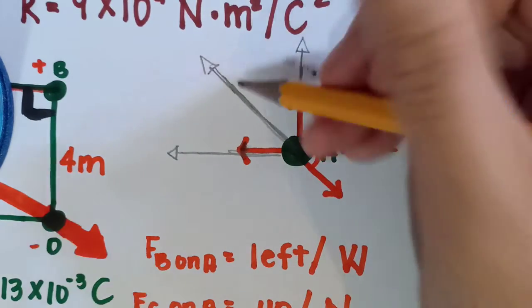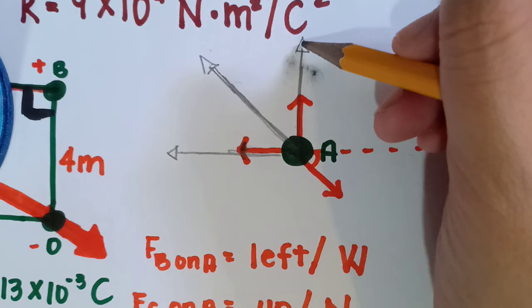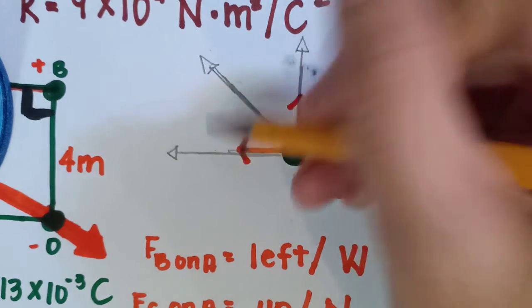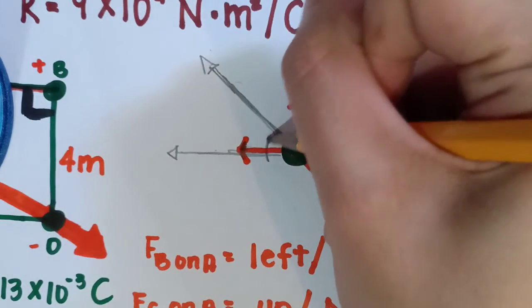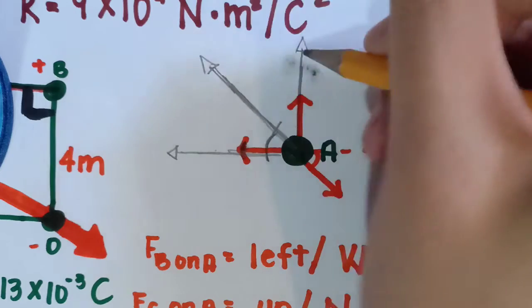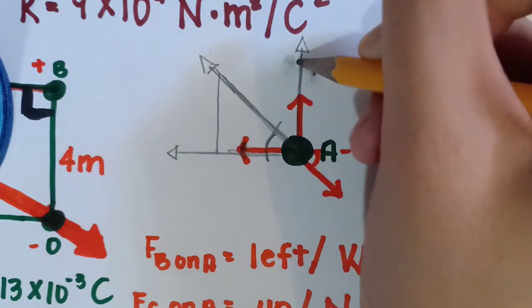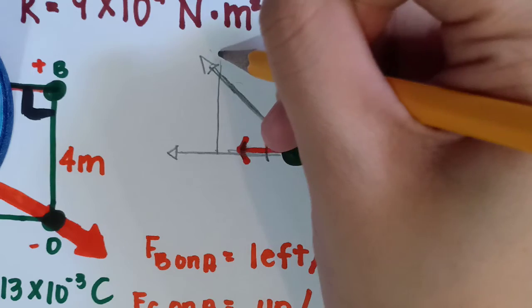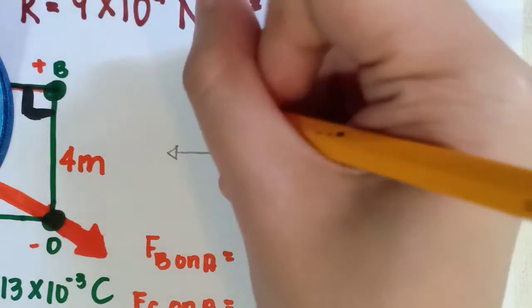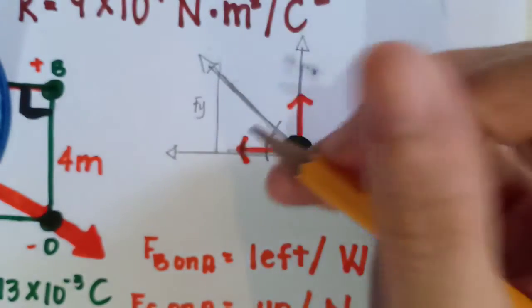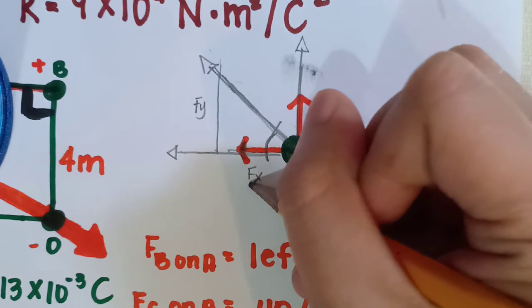If we break down this diagonal, it is Fy and Fx, and we are trying to look for the angle here. Then it is parallel here, so I draw a line here, same as this one. So this one is Fy, this one is Fx.